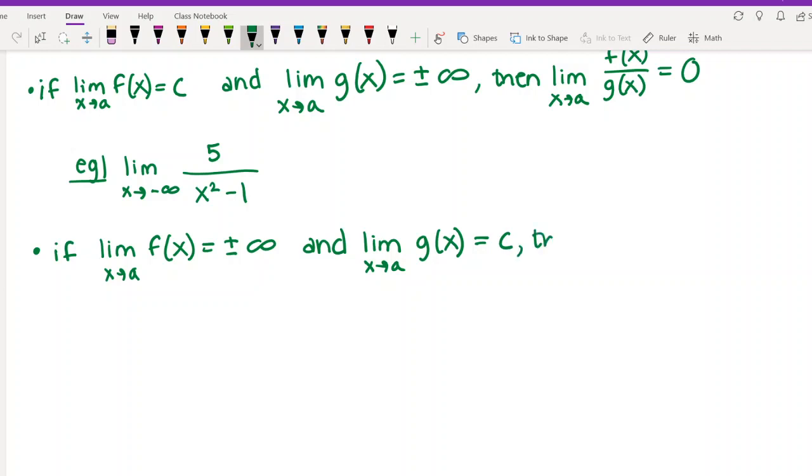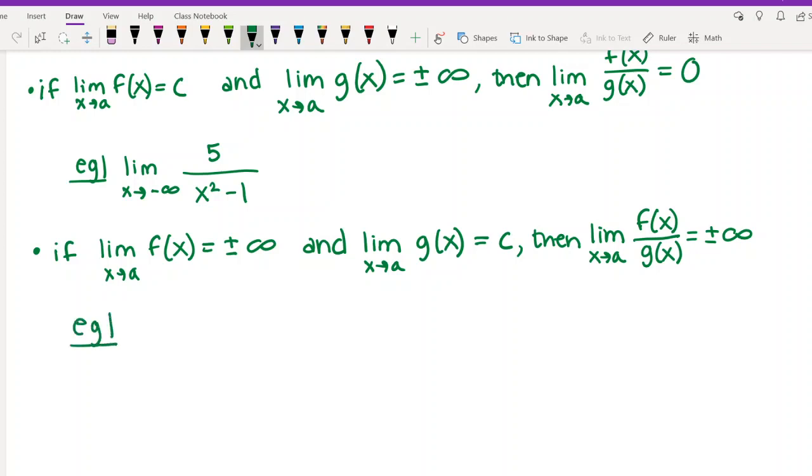Then the overall limit is going to be either plus or minus infinity, and it's going to depend on the signs of what's involved, right? It depends on whether the numerator is going to plus or minus infinity, and it also depends on whether the denominator is a positive or negative number in its limit. But regardless, either way, it's going to be going to either plus or minus infinity.